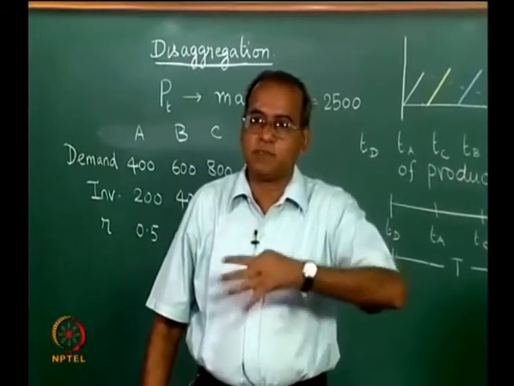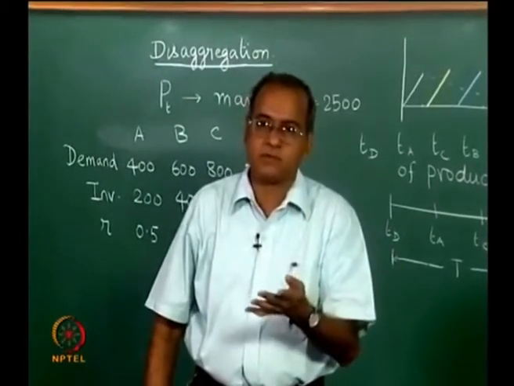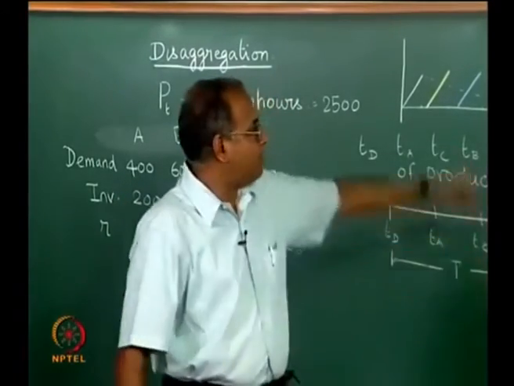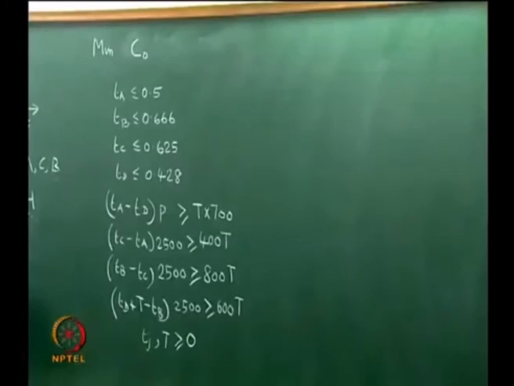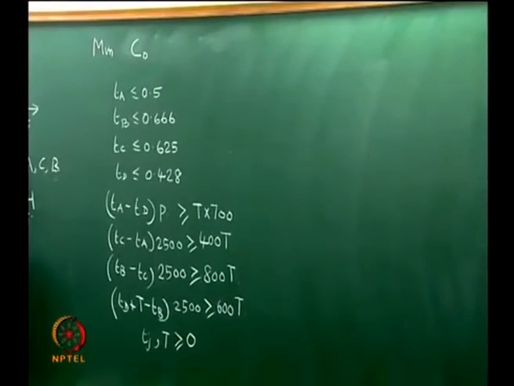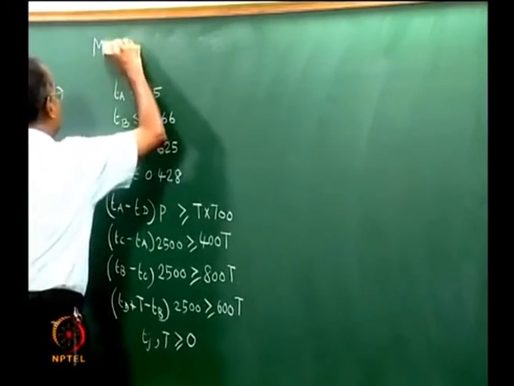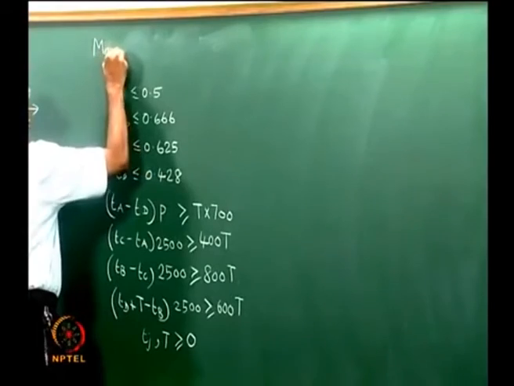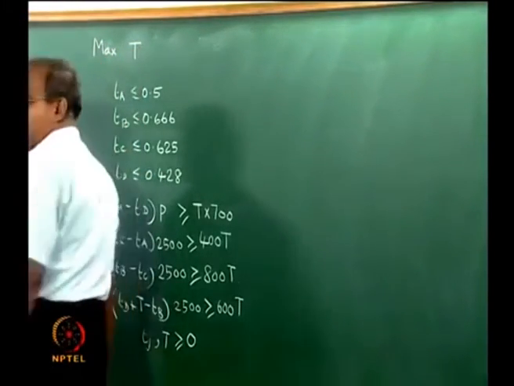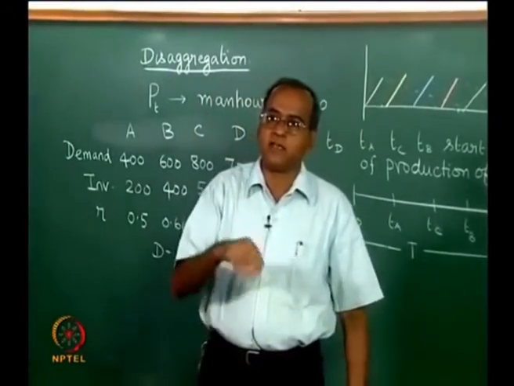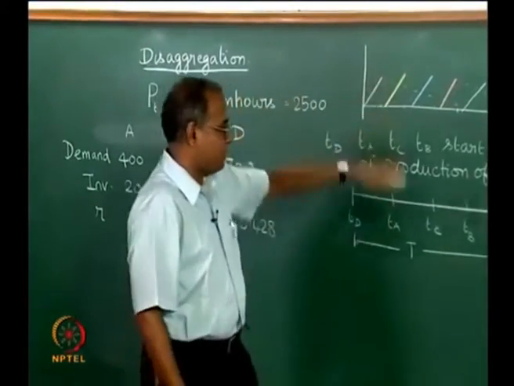So, number of setups per year is 4 times the number of cycles in a year. So, if we want to minimize C naught into 4 times the number of cycles in a year, which means you are effectively minimizing the number of cycles in a year. And if you want to minimize the number of cycles, it is like saying I want to actually maximize the cycle length capital T. So, the maximum cycle length T gives the minimum number of cycles in a given period.